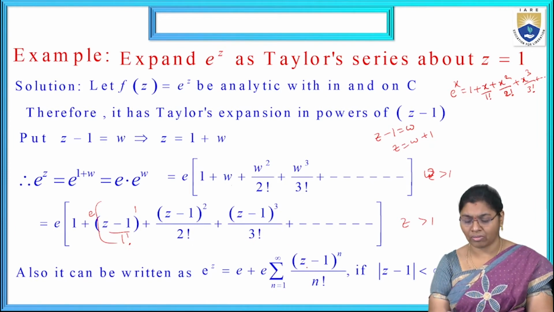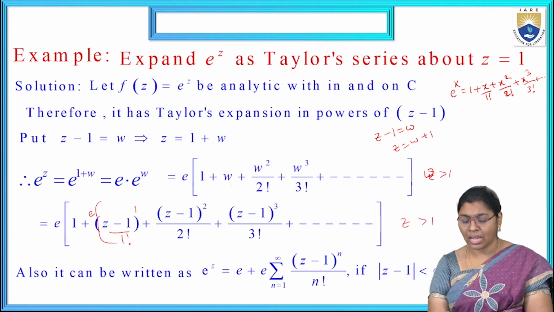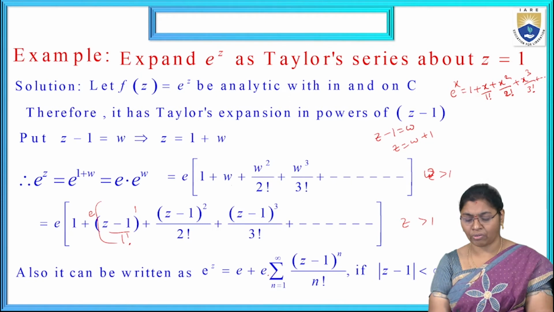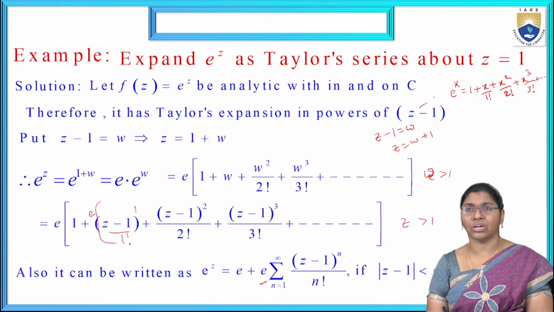That's why we simply write (z-1)^n/n!, with e before it, and the sum is valid for |z - 1| < infinity. That is the power series condition. Now the Taylor series expansion can simply be written like this.